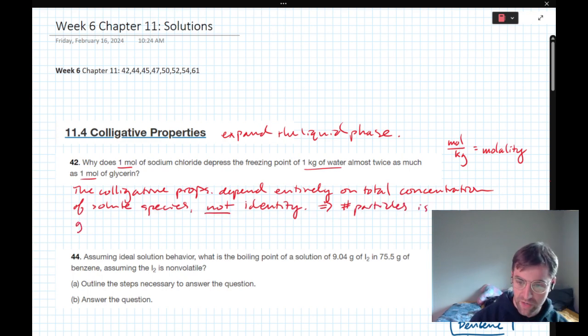The number of particles is greater for the ionic solutes because they dissociate.